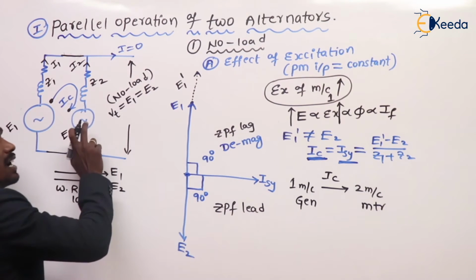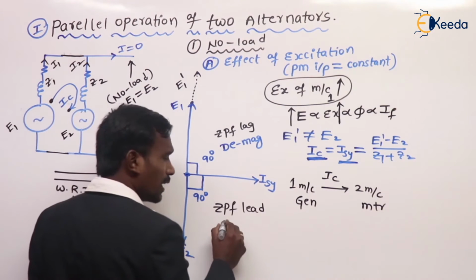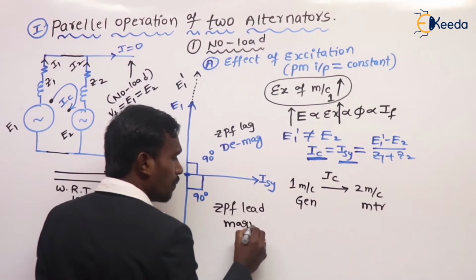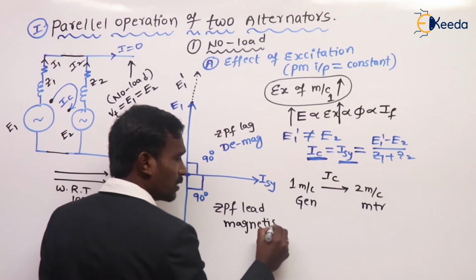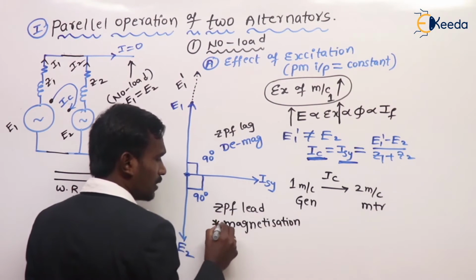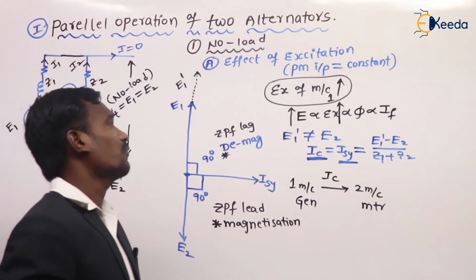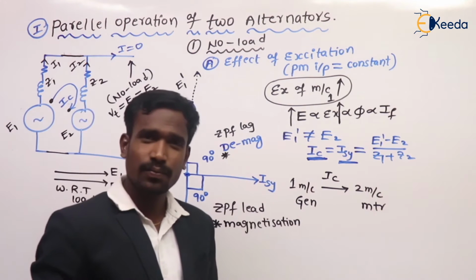Then what is the armature reaction in the second generator? This is leading, that's why this is pure magnetization, and that is pure demagnetization effect of armature reaction.